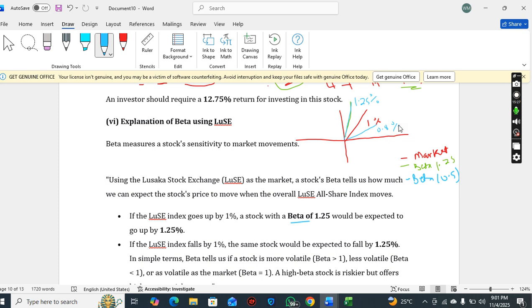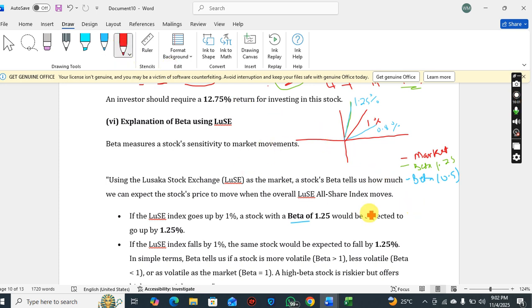Okay, if your stock has got a higher beta, it means if the Lusaka Securities Exchange index goes up, expect share prices of your stock to grow higher than the Lusaka Securities Exchange index. Okay, meaning you can now make profits if you sell those shares. Now on the downside, if the Lusaka index falls by 1%, it drops by 1%.